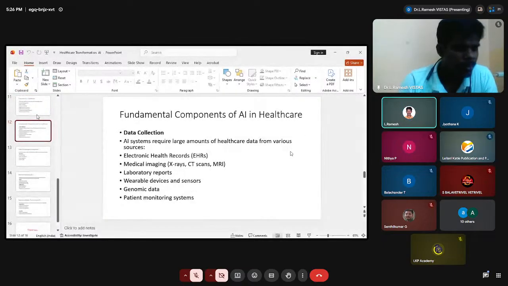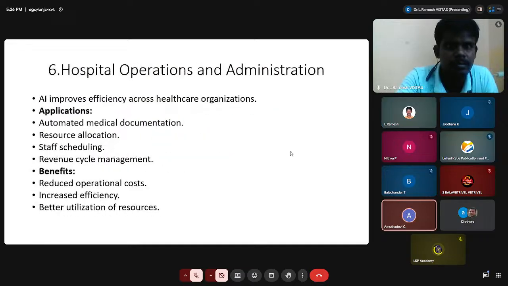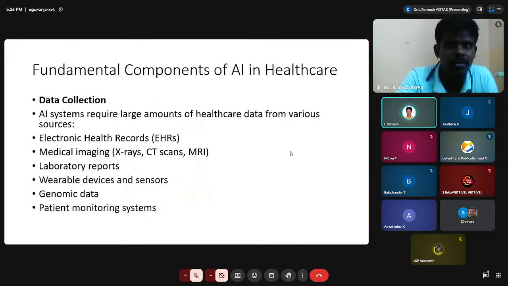So, fundamental components of AI in healthcare. It's a very important thing, data collection. There are various sources we are collecting data from. Number one, electronic health records.